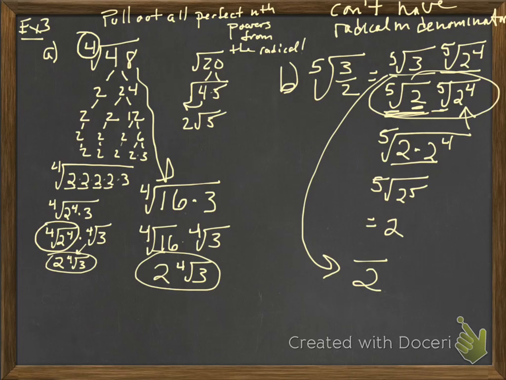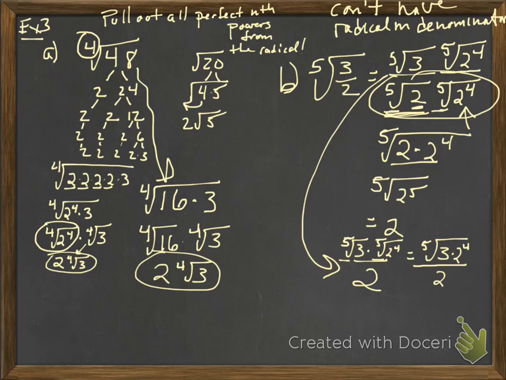Now the numerator is maybe not so pretty. I have the 5th root of 3 times the 5th root of 2 to the 4th, which, since they're both in the same 5th root, I can bring together and multiply the 3 times the 2 to the 4th, all in one radical sign.